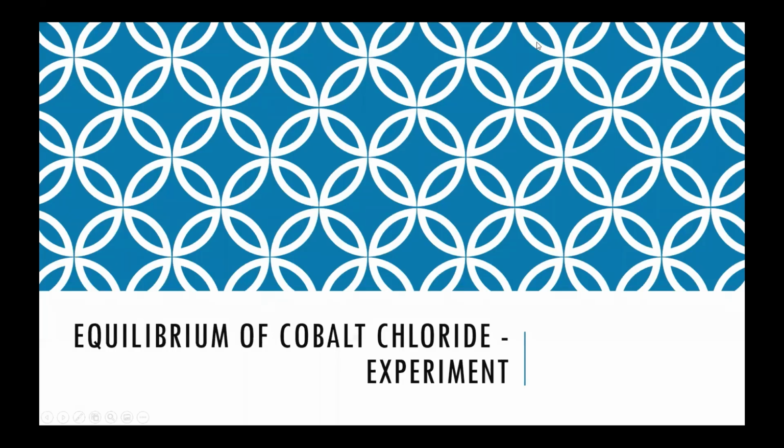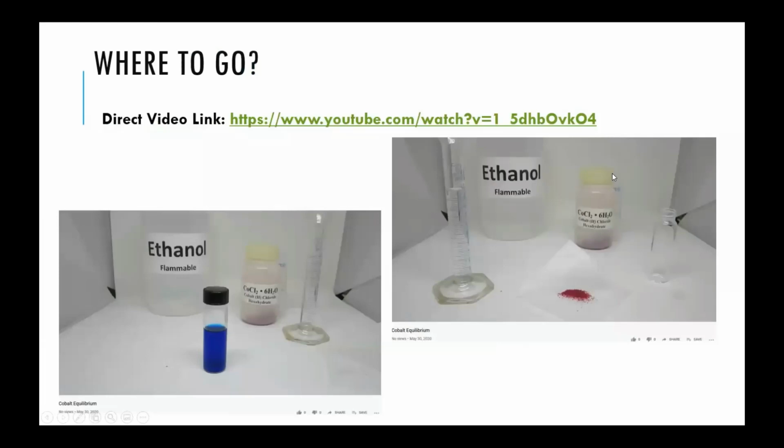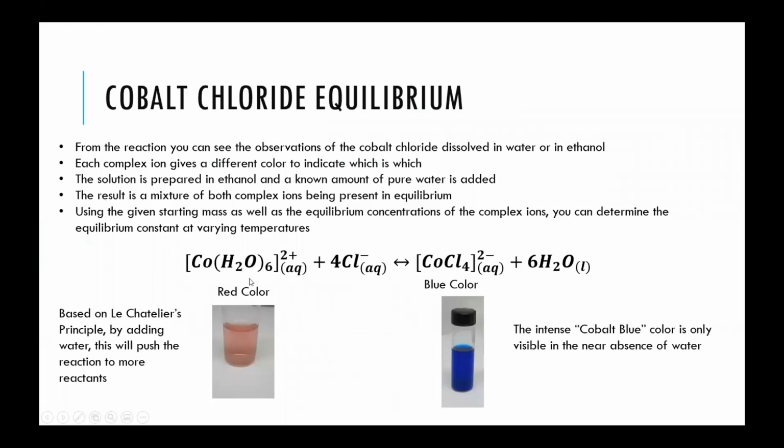As mentioned, this experiment focuses on the equilibrium of cobalt chloride and its two different complex ions. So you're going to be watching this video and looking at the differences in this chemical equation here. Looking at the two different complexes, there is the cobalt ion bound to 6 water molecules, and that will give a red color.